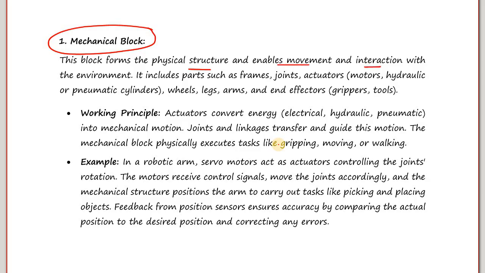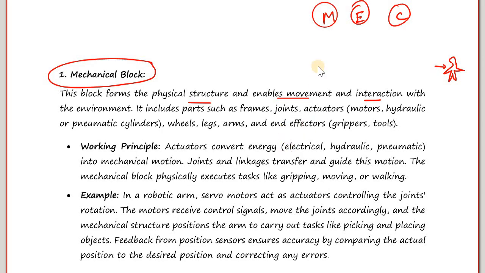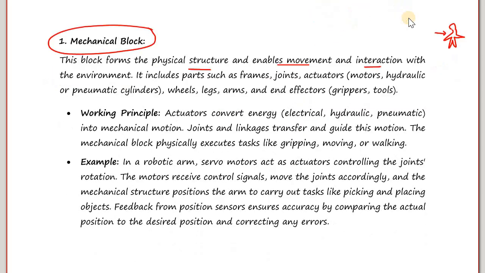Now, in the childhood days, whenever we think of robot, the thing which comes to our mind is the physical structure itself, and in our childhood days we used to think about only the mechanical block as being the part of a robot. But now we know that it has in fact two more components. Good.